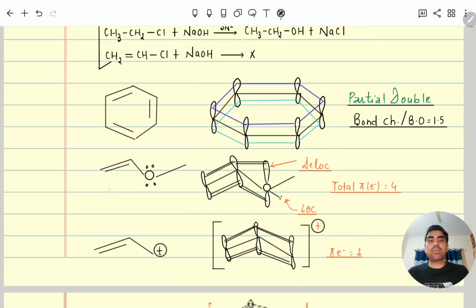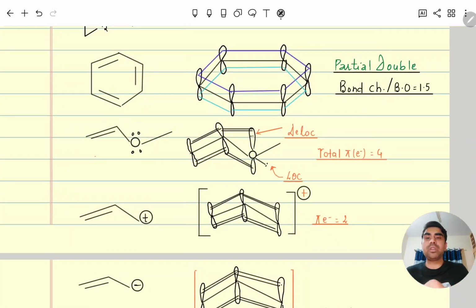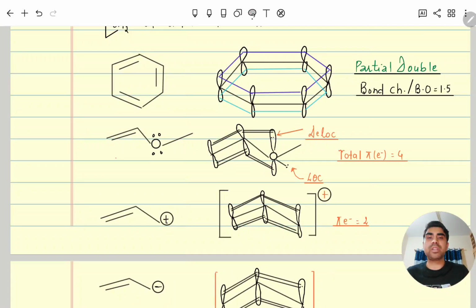Similarly, this is the orbital diagram of benzene. For benzene, you can see that this p orbital and this p orbital are also overlapping with each other. So overall, this is the overlapping. That's why the electron is getting delocalized, and that's why the actual structure of benzene is an electron-delocalized structure, which we are forming.